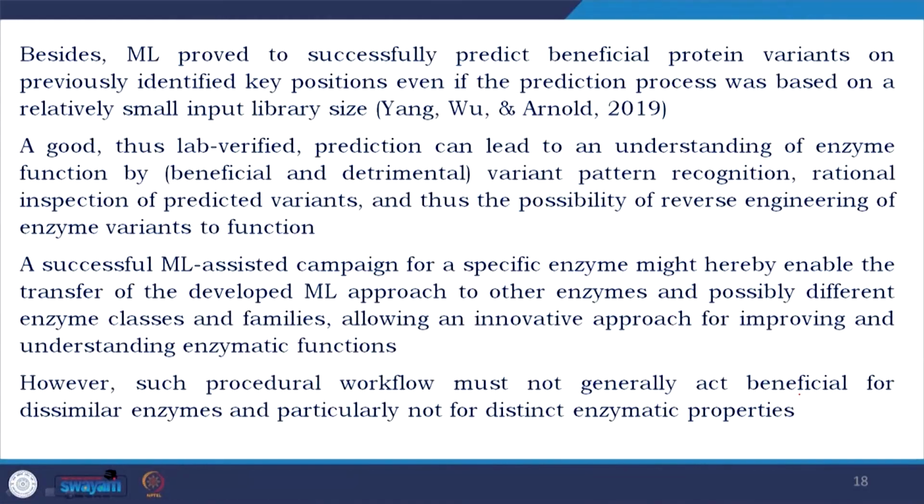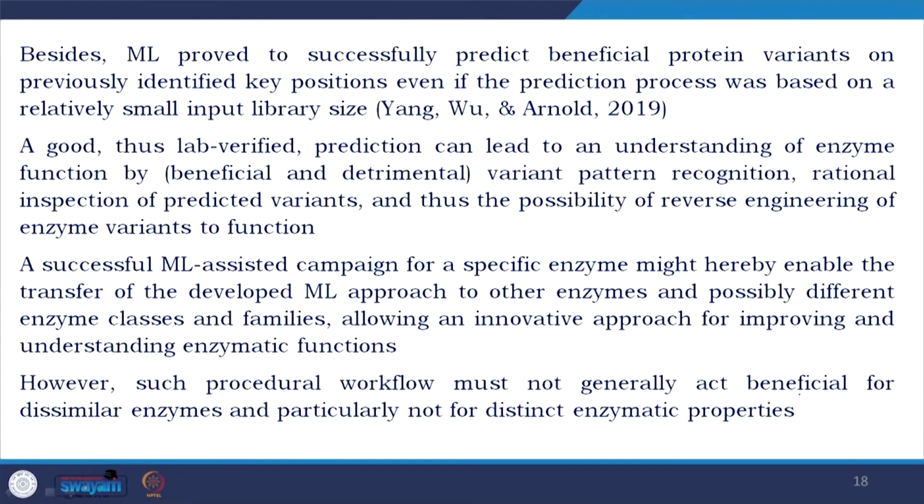However, such a procedural workflow must not generally act beneficial for dissimilar enzymes. So, as I say the term individualization, when the enzymes are totally dissimilar, then this individualization is not easy and the procedural workflow would not work, and particularly not for distinct enzymatic properties.